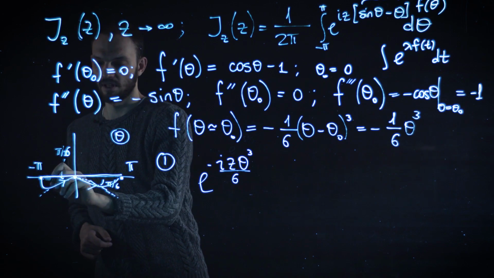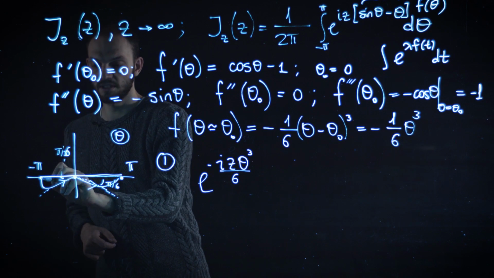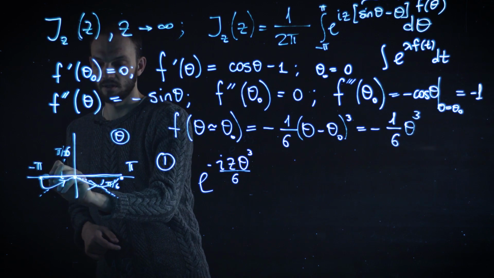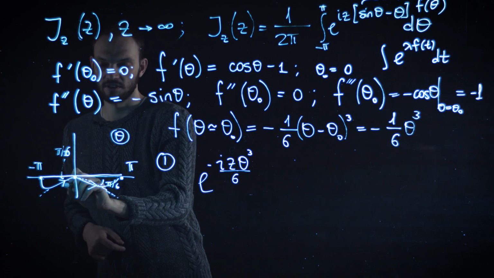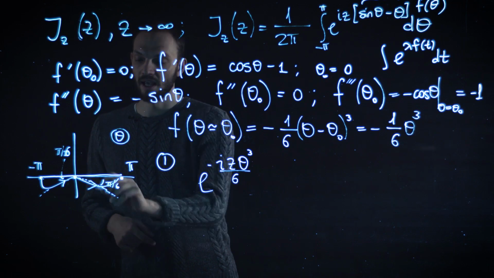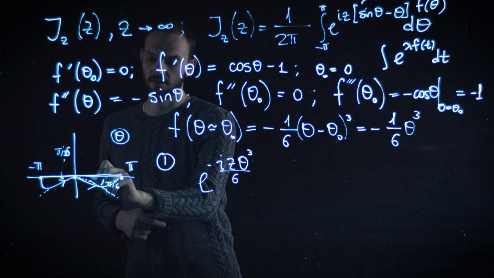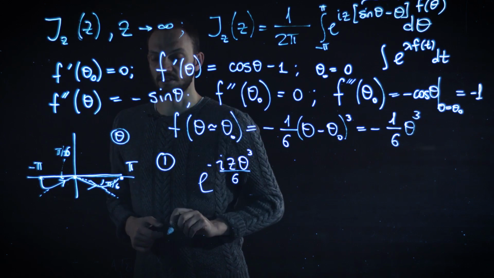The contour, starting from minus pi, smoothly fits into the steepest descent direction, and then it smoothly leaves it off and sticks to the endpoint.